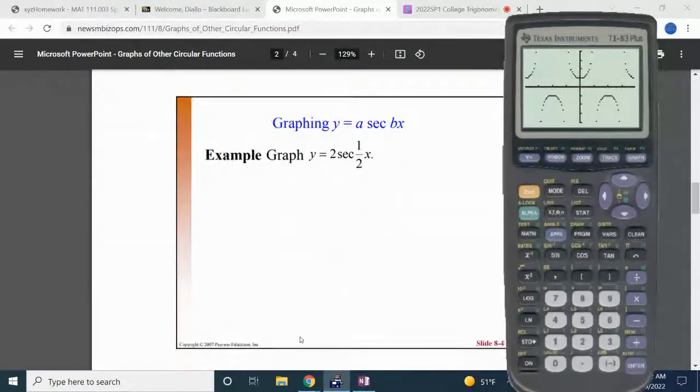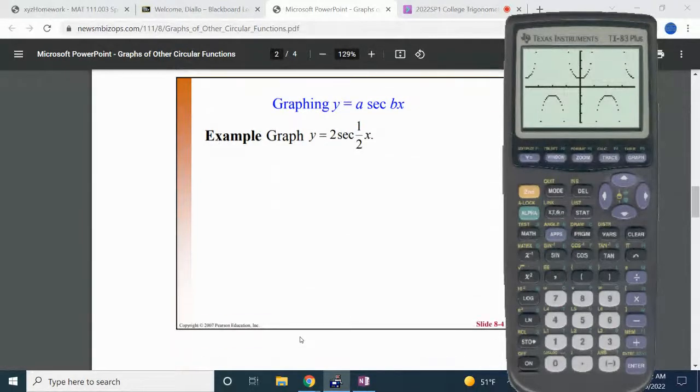All right, now let's practice graphing some functions. We want to graph y is equal to 2 times the secant of 1/2 x. Now as far as the graphs of secant and cosecant are concerned, we're going to graph secant, cosecant, tangent, and cotangent.